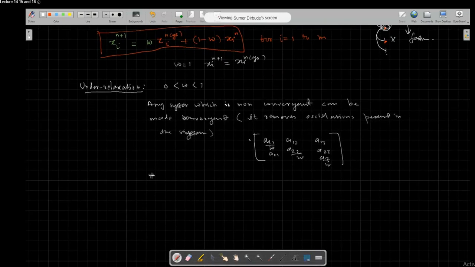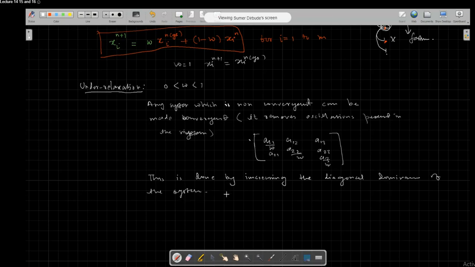This is done by improving or increasing the diagonal dominance of the system.